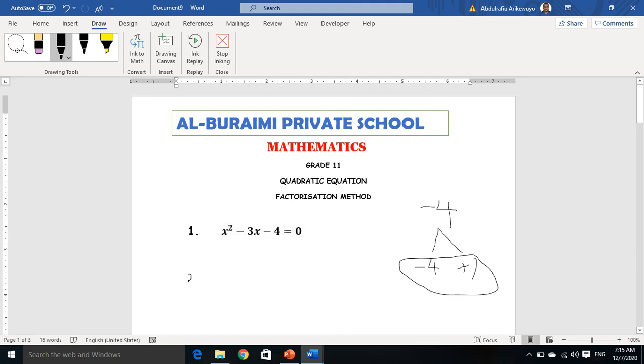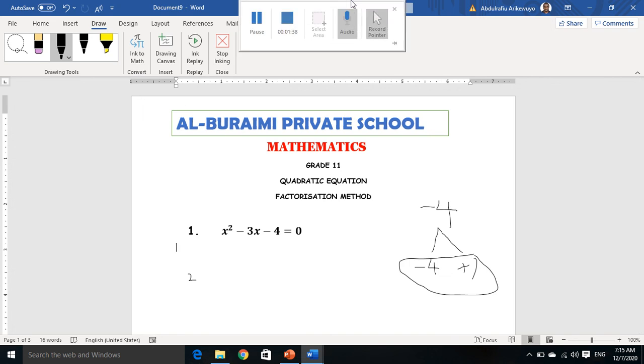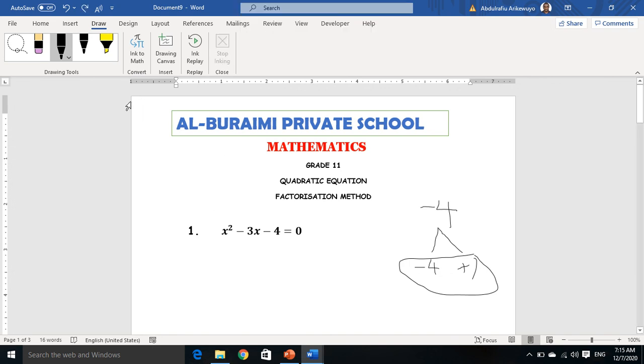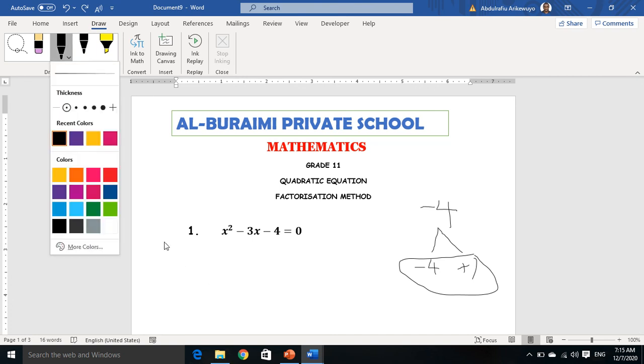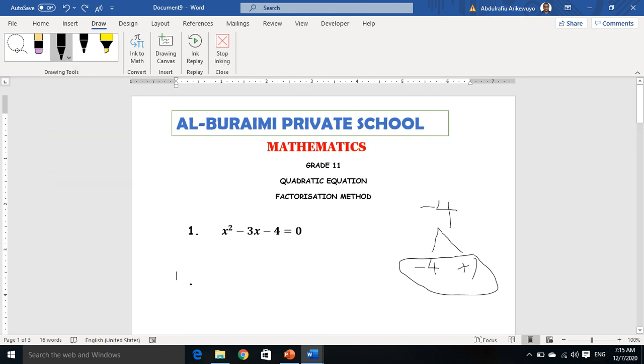So I have x squared. Now, I will not write this minus 3x again. I will change it to minus 4 plus 1.